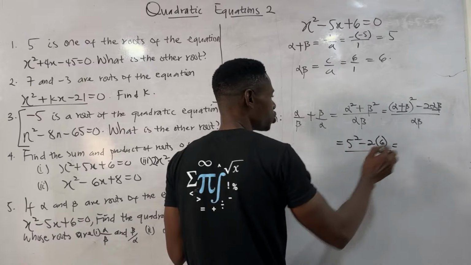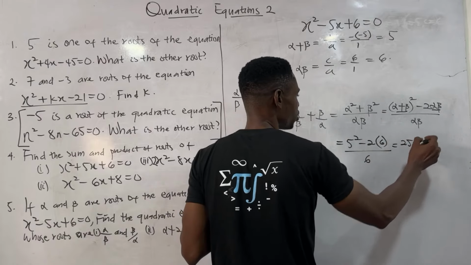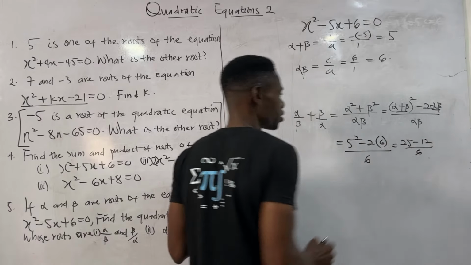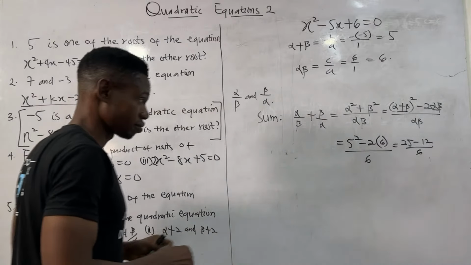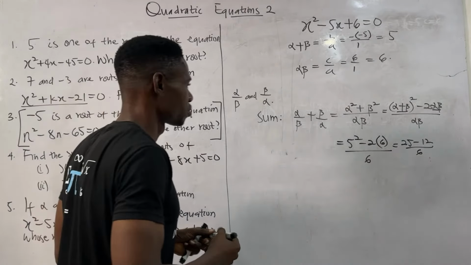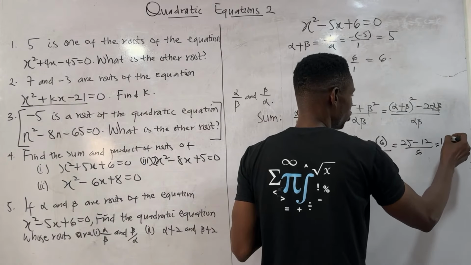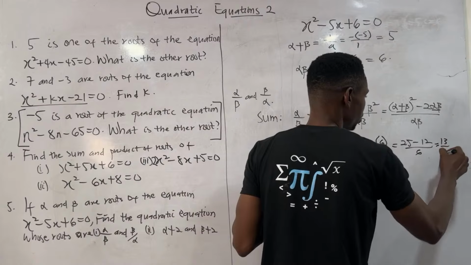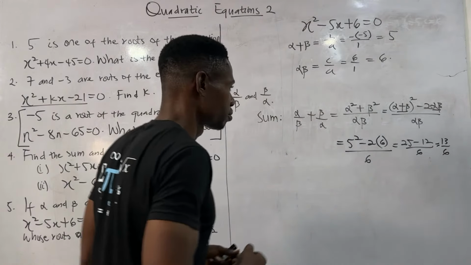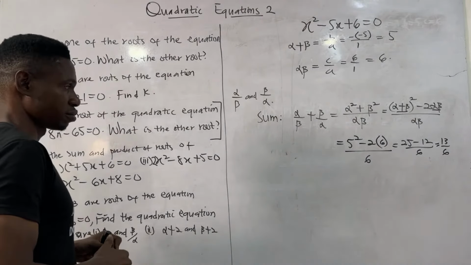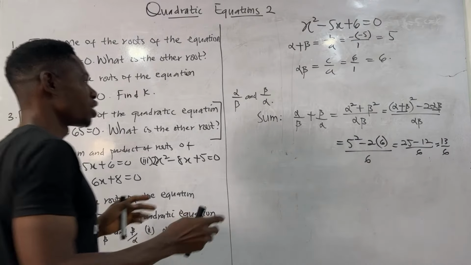So what we have now is 25 minus 12 over 6. So 25 minus 12 will be 13 over 6. So that's our new sum.